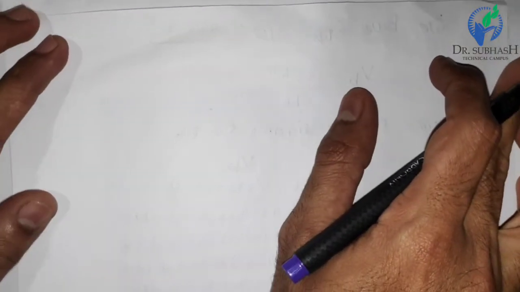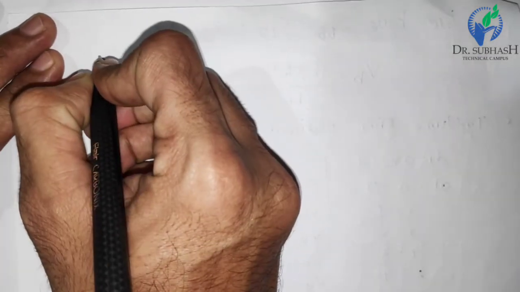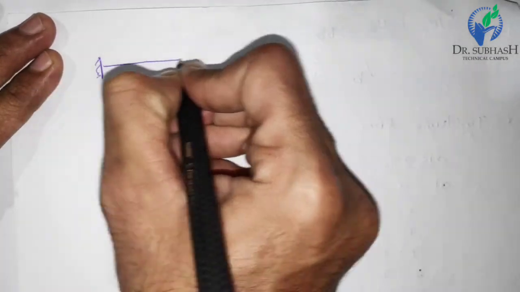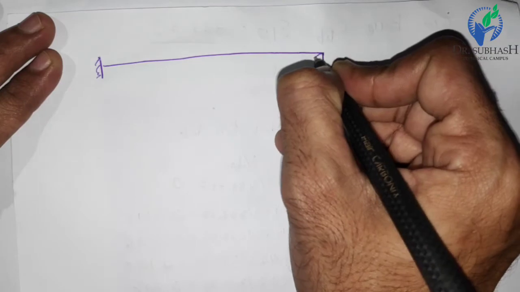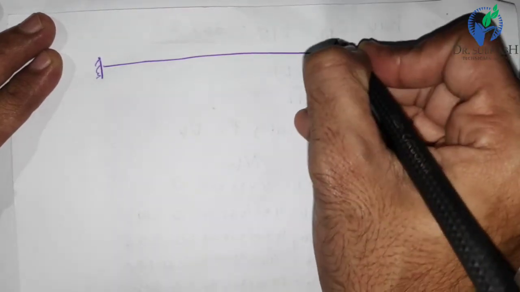VB we have completed. Next we find the ordinates of VA. For that, first of all we draw the figure. This is our original beam, in which we have to find VB.